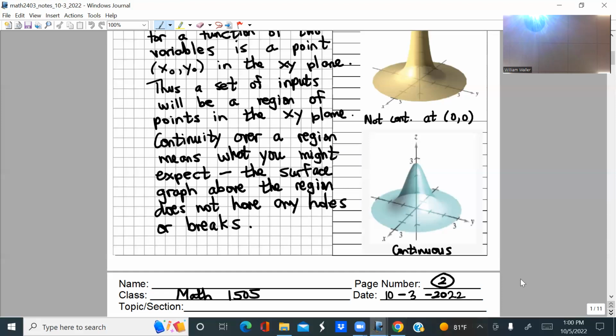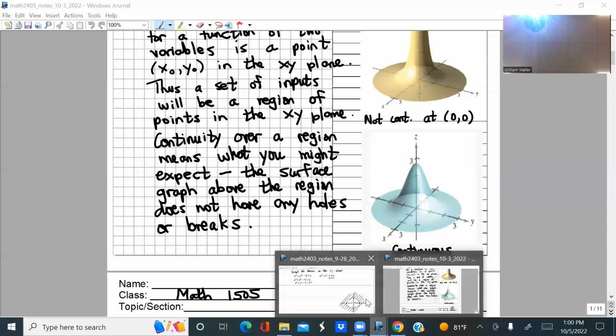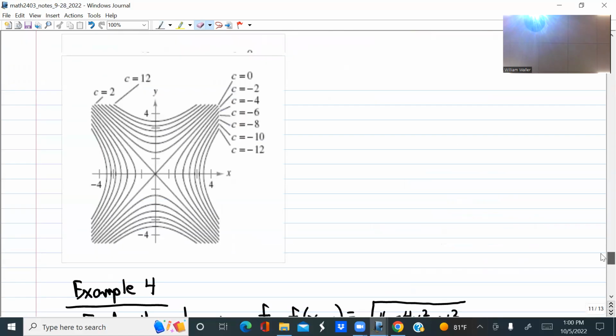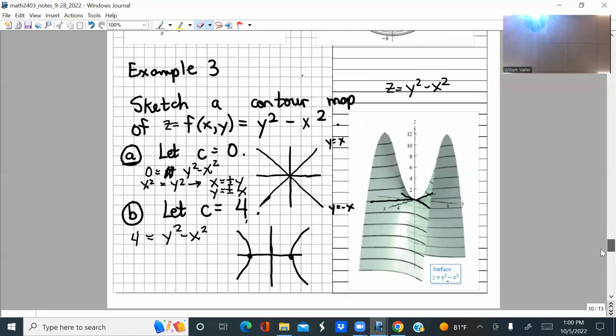You may say that's not possible, but I think you've already seen an example of this. Let's take a look at one of our pictures here. Oh, here's a good one. What was this thing called? Yeah, it's a saddle, a hyperbolic paraboloid.